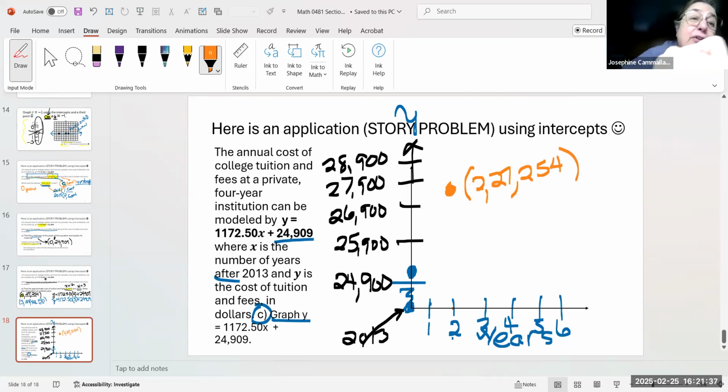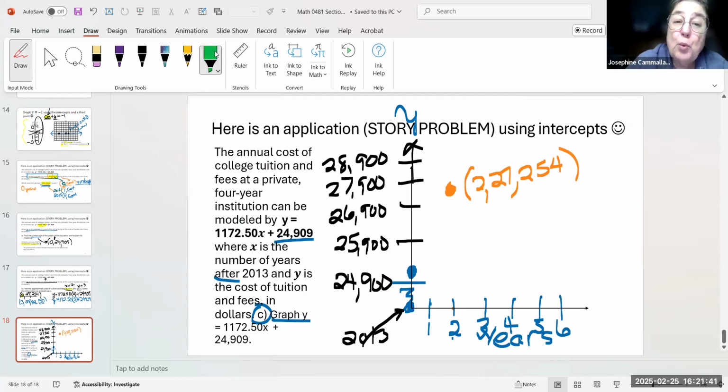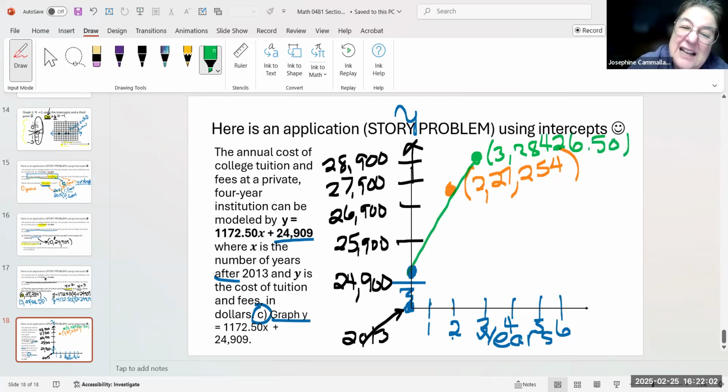And then in year 3, I should have 28,426.50. So that means I'm going to be a little bit higher right here. This is 3, 28,426.50. And then if I connect them, that's my line.